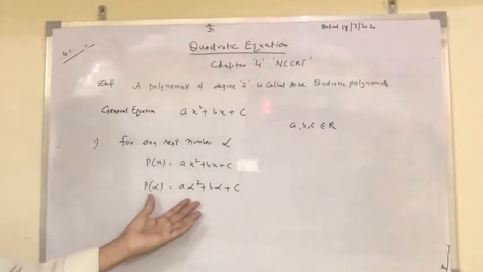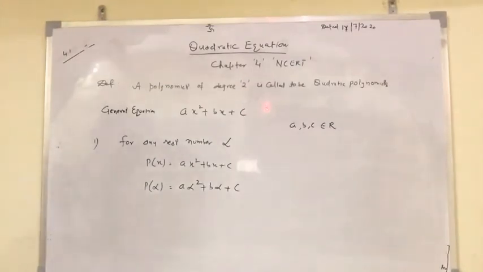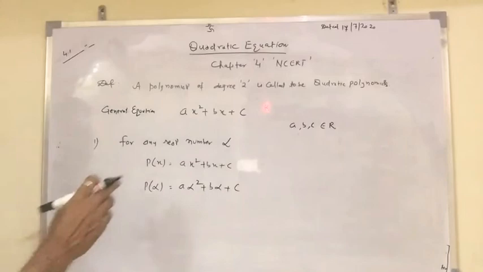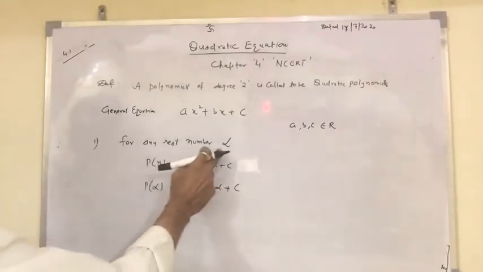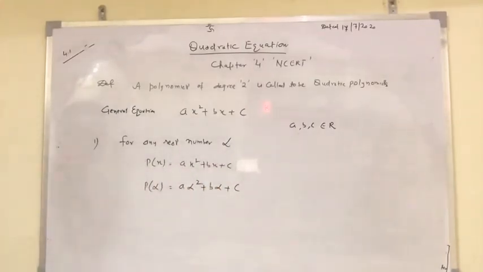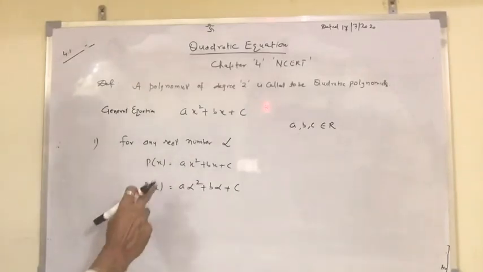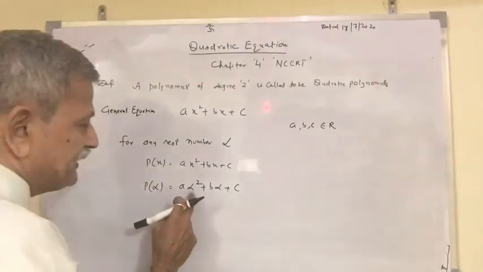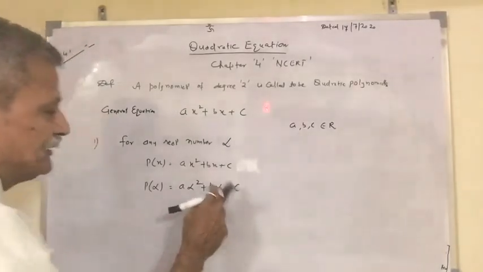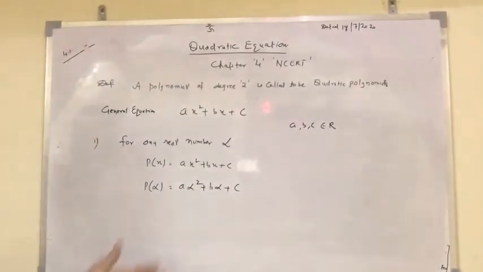It means whatever real number you want to calculate for, you put that value in the variable of this quadratic equation and you find the value of a alpha² + b alpha + c. So this is the value of the polynomial at alpha.